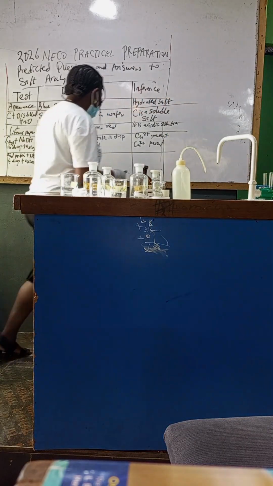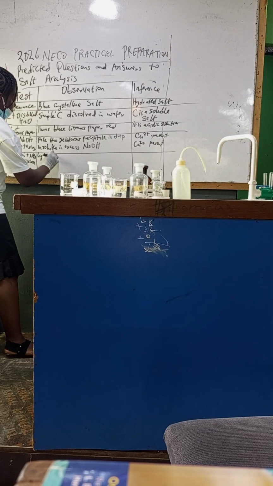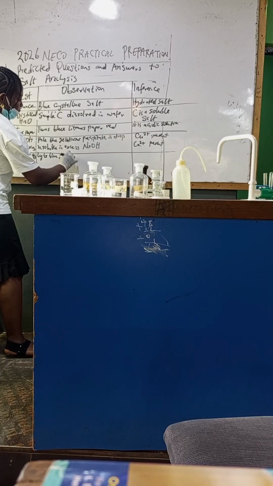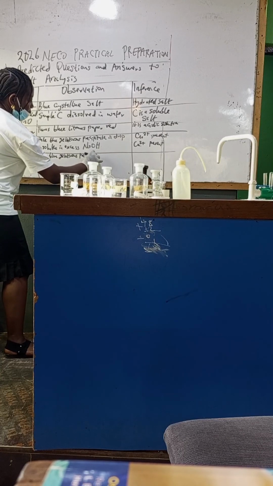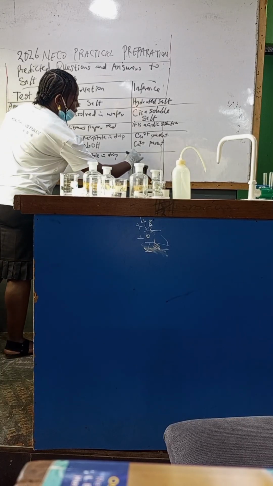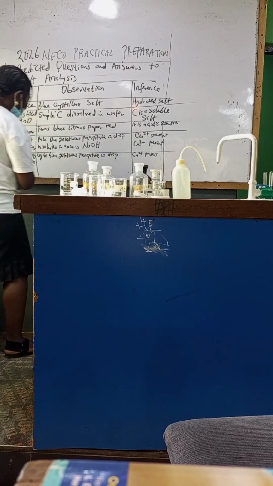So under observation, light blue gelatinous precipitate in drop; then under inference, copper 2 ion present.